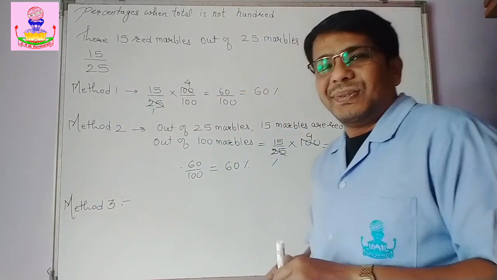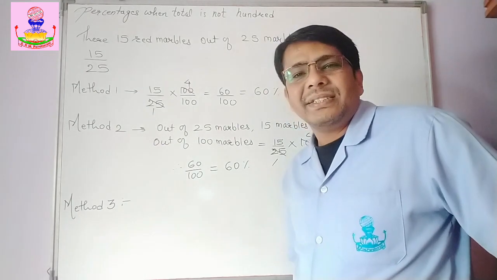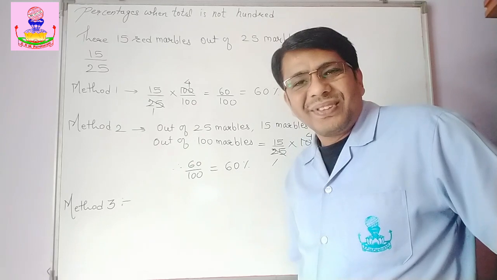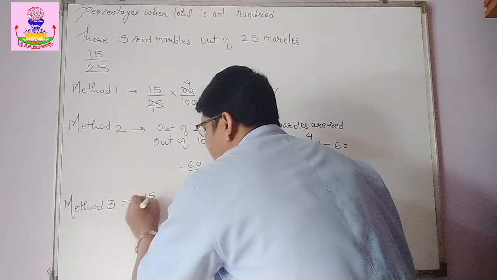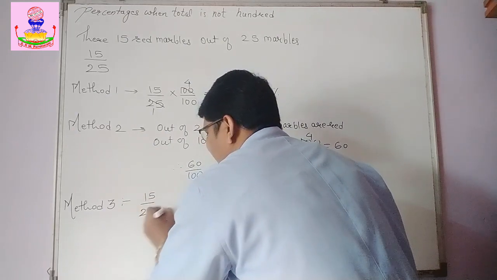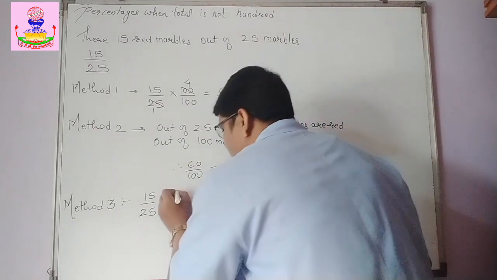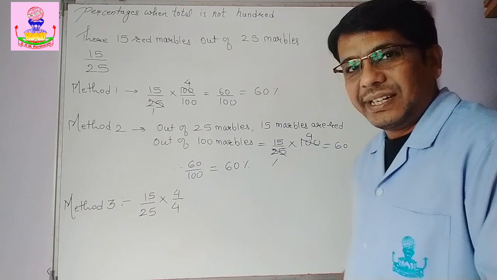Third method was found out by Shreyas Jadhav. And what he said, 15 upon 25. And then he did like this. See what he did. He's very good in manipulating, calculating.